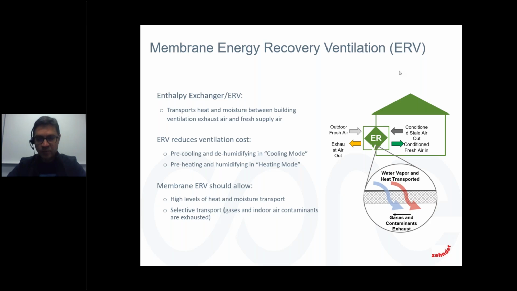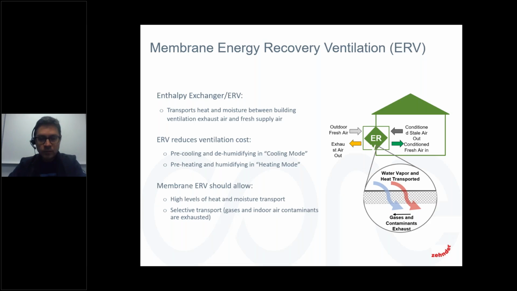The ERV and the membrane are a passive device, and so moisture and heat transport are occurring via the concentration difference between moisture in the airstreams, or absolute humidity difference, as well as heat being driven by the temperature difference.